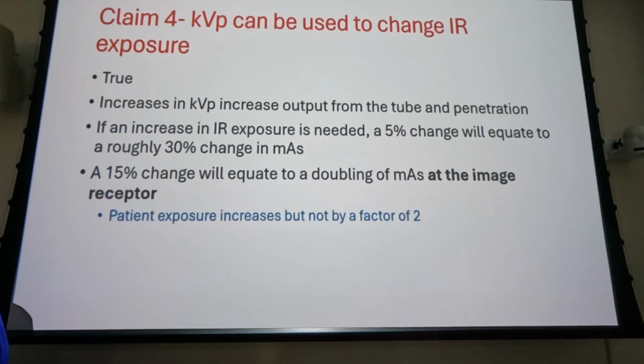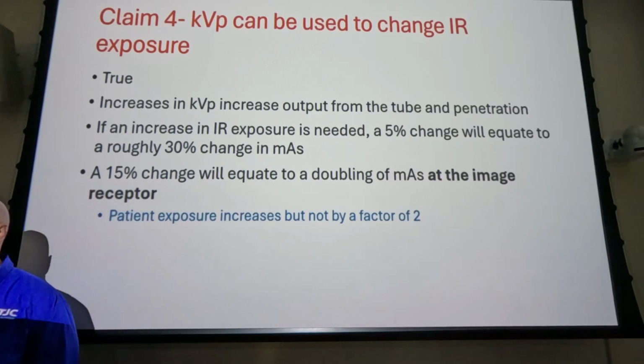You underexpose a patient, you need to increase by a factor of 2, all right? So you're going to confuse two rules there. The 30% rule is the minimum at which there might start to be some sort of recognition in the system that there was some sort of change. But if it's worth repeating, it's worth changing by a factor of 2, okay?